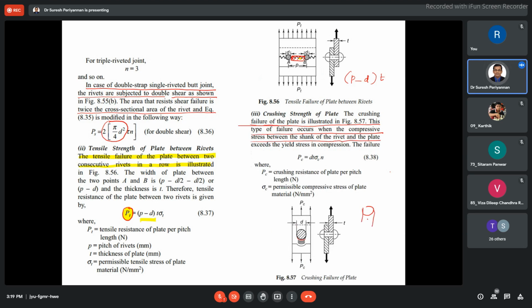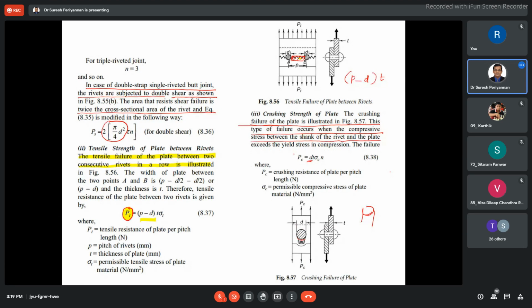Now this is the region we are considering from the plate. Now what is this? D. T is the thickness of the hole here, and the diameter of the hole is nothing but our shank diameter of the rivet, D. So D into T is the projected area here. That is our crushing strength of the plate.